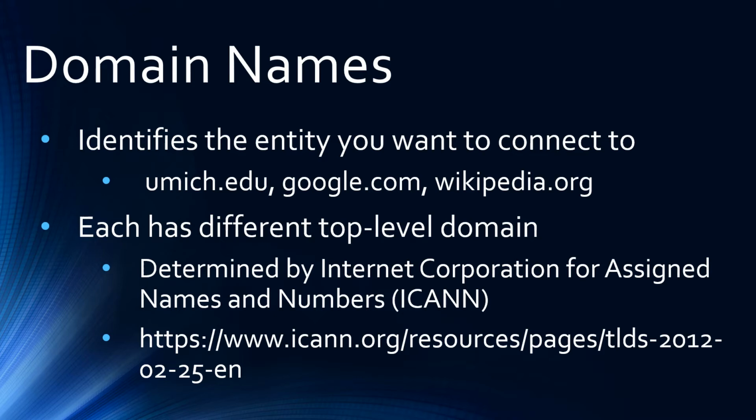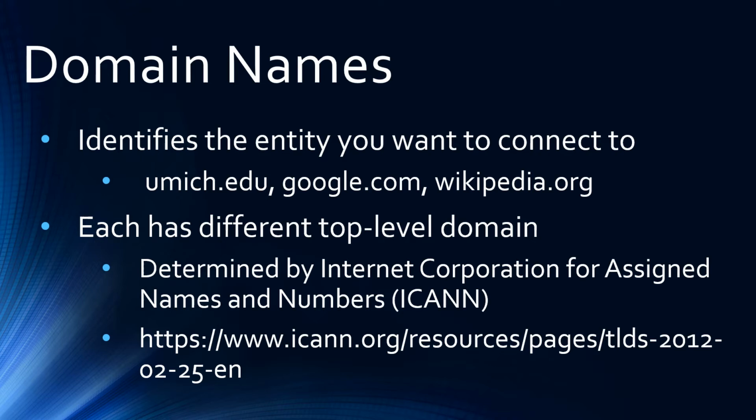Now let's talk about what the domain names represent. Usually the domain names are something recognizable, such as dlsu.edu, or umich.edu would be for University of Michigan, for example. And then we have google.com, wikipedia.org, and a lot more. Each of these sites has a different top-level domain. How did you get them?